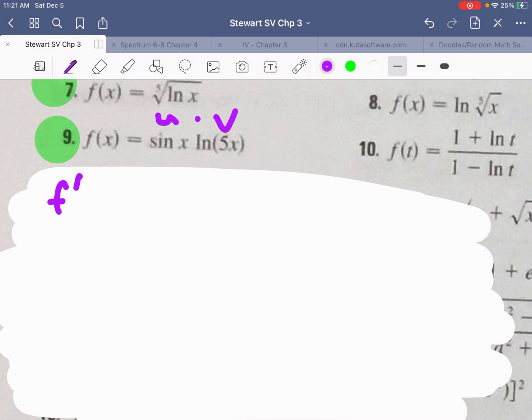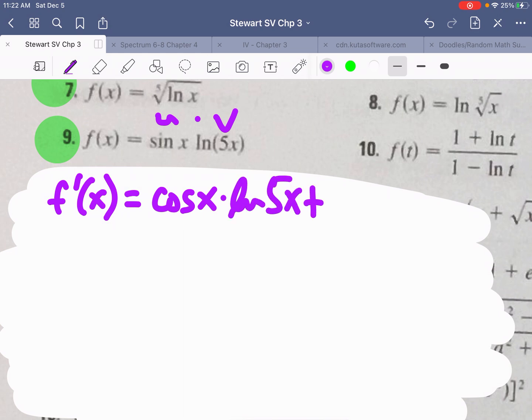So the derivative, well, it's u prime v. So the derivative of the sine of x is the cosine of x times natural log of 5x plus u, so sine x, leave that alone, times the derivative of the natural log of something, which is going to be 1 over the something times the derivative of the something.